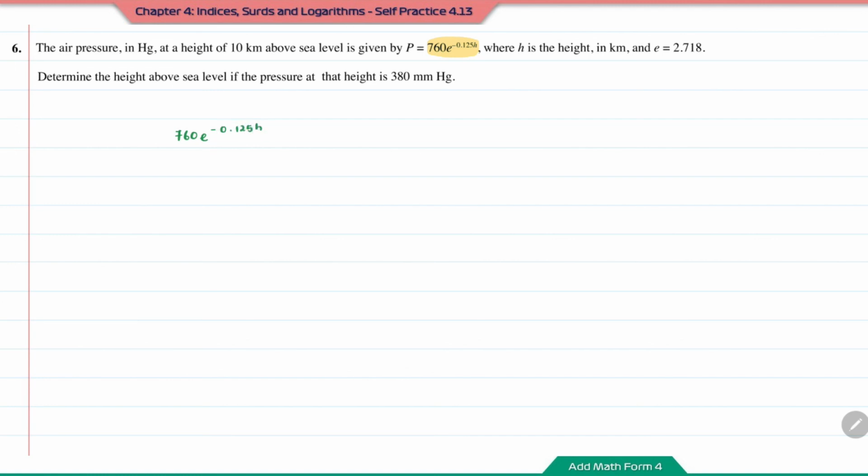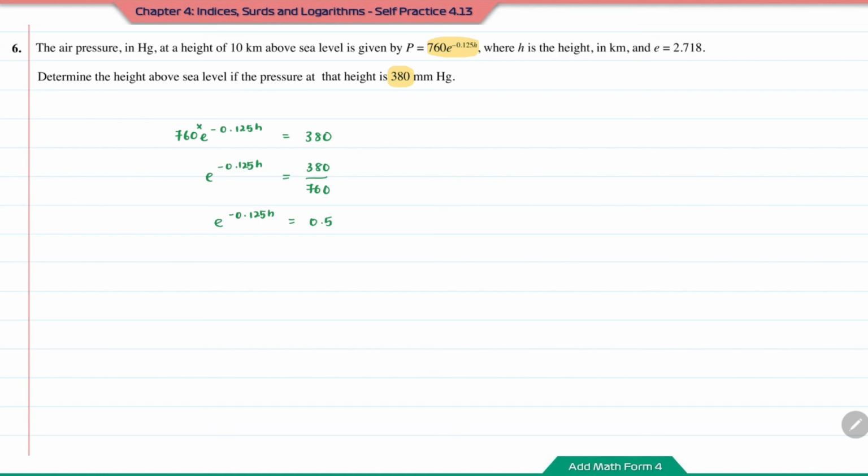So when you substitute the height above the sea level into the h here, the pressure will equal 380. So here it means multiplication. So first I'm going to move the 760 to the right hand side. So it will be 380 divided by 760, which is going to give you the answer of 0.5.